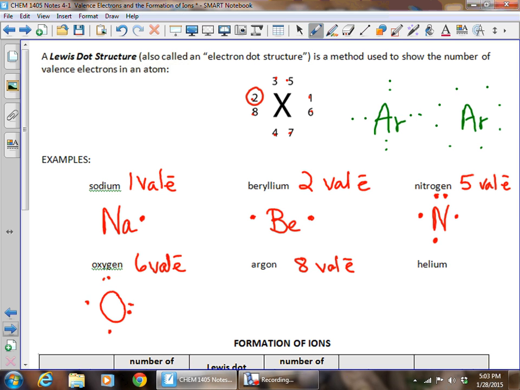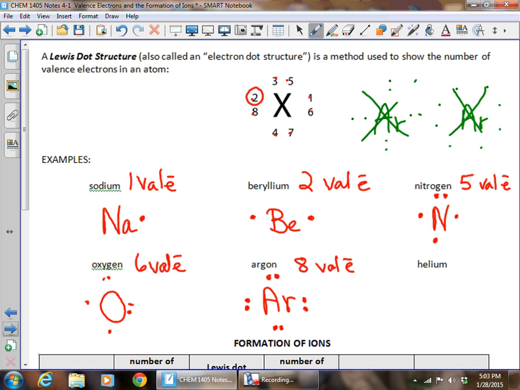I mean, it's ridiculous, not paired up or anything. Both of these are wrong, so don't write those. They are paired up around the structure. So with 8 valence electrons, we would have 1, 2, 3, 4, 5, 6, 7, and 8. So that's what it's supposed to look like.